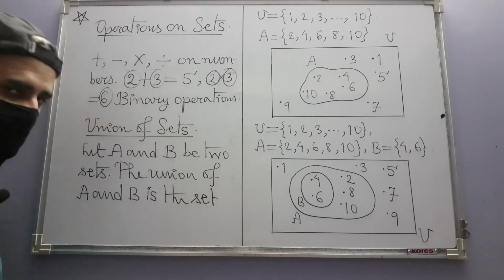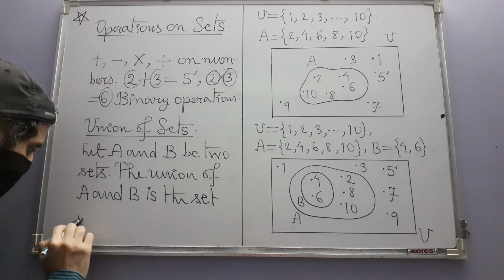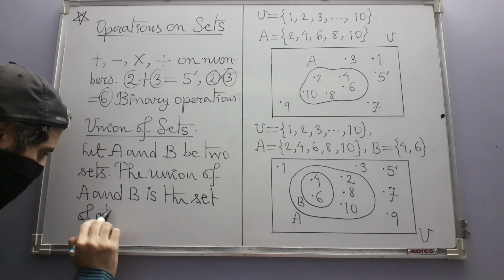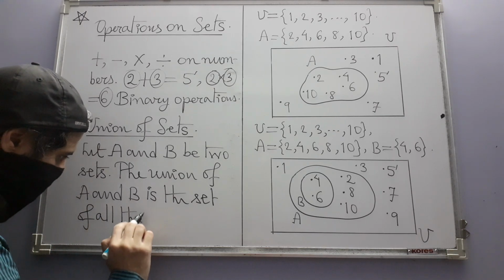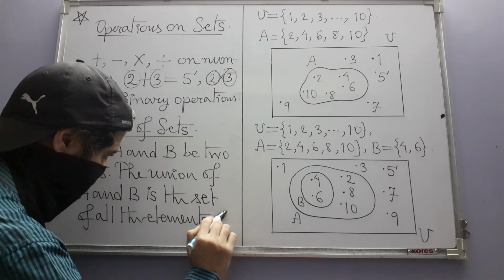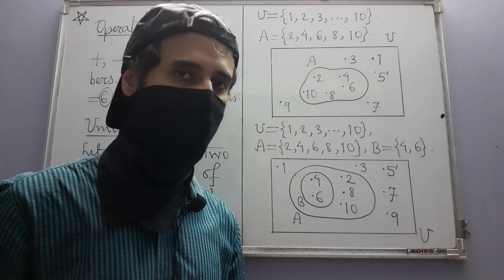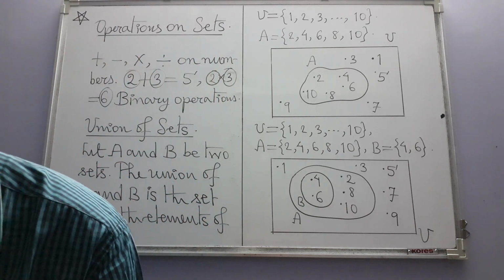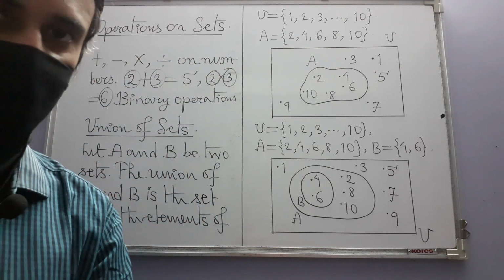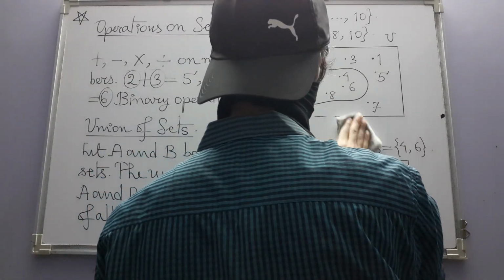But what set is it? It is the set of all the elements of A together with all the elements of B. So we combine the 2 sets in some sense.